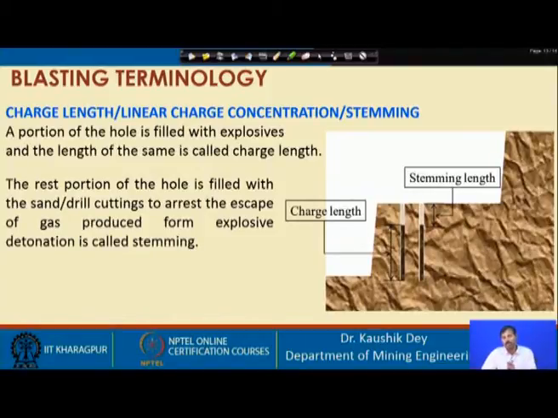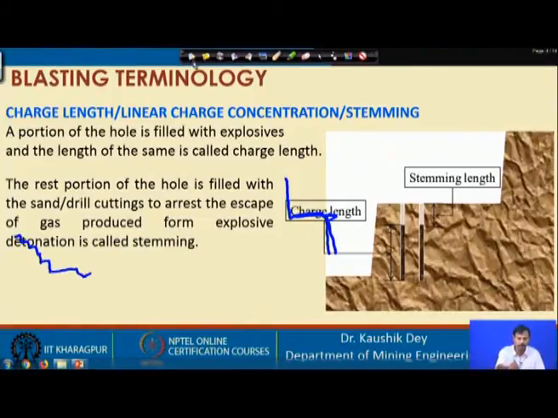As we have carried out the drilling, up to a certain length inside the drill hole we insert the explosive and leave the rest. This explosive inserted into the drill hole, that length, is called charge length.